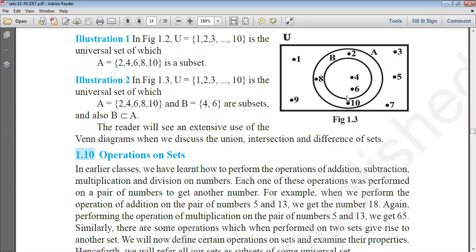So here only two sets are considered. Some elements are lying outside these two sets, so definitely they are lying inside the universal set. So it would always be here.